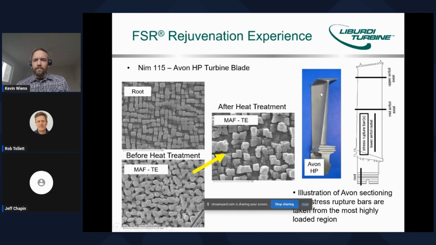And when we actually keep an eye on the creep life of the component, we extract samples from representative blades from the set in order to keep an eye on some of these changes, figure out appropriate rejuvenation schedules. And so metallurgical analysis is a key component of a successful rejuvenation program.